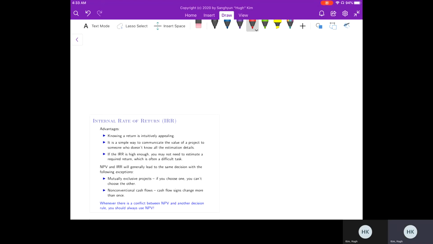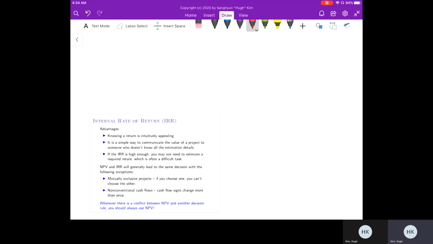So you can simply say, this project has a return of 10%, and everyone will understand. And if the IRR is high enough, we may not even need to estimate a required return, which is often very difficult to estimate. Because if the IRR is high enough, then we will easily pass the threshold level of any required return that we may come up with.